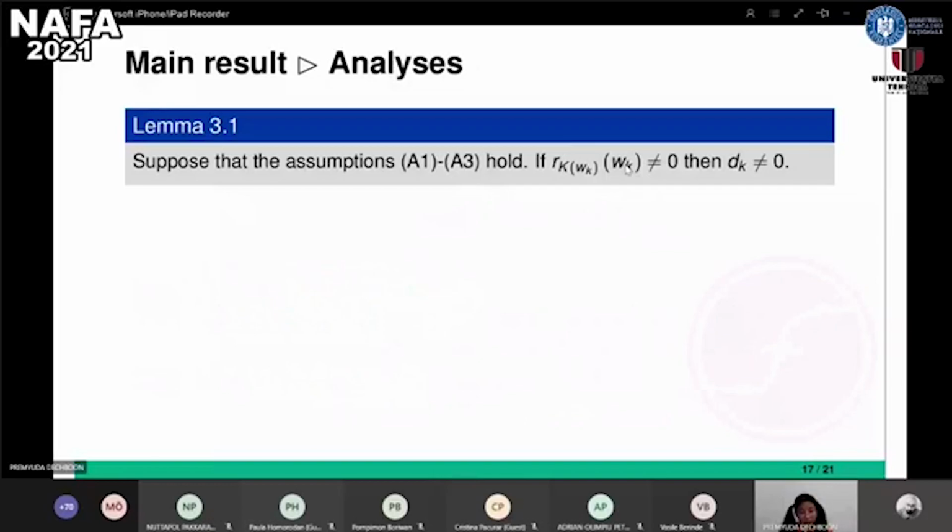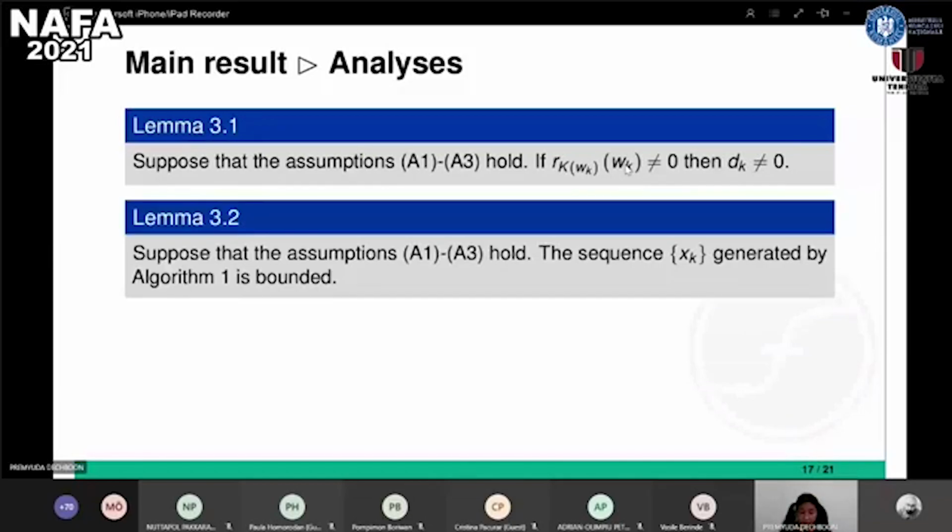And our result, we got that our algorithm is well-defined in case that R is verified. After that we prove that our sequence generated by algorithm 1 is bounded.